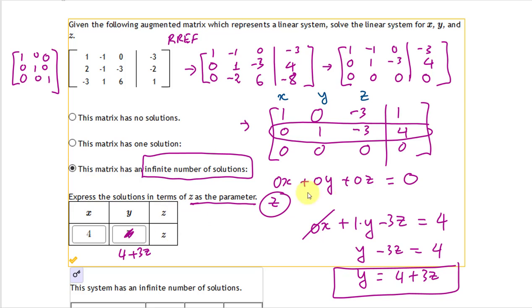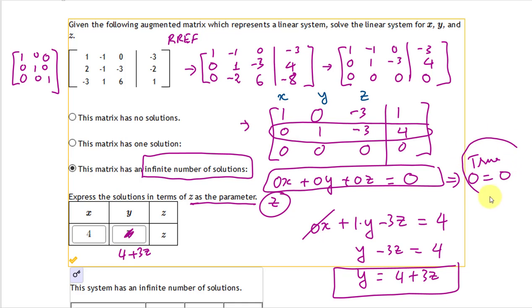in terms of z. The equation that you got here, 0 equals 0, right? You get the statement of 0 equals 0, and this is the true statement. Anytime you have a true statement, you have an infinite number of solutions, and that's why z could be anything. So you are writing the solution in terms of z. So lastly, we are looking for the value of x by looking at the first row. This is 1x plus 0y minus 3z equal 1.